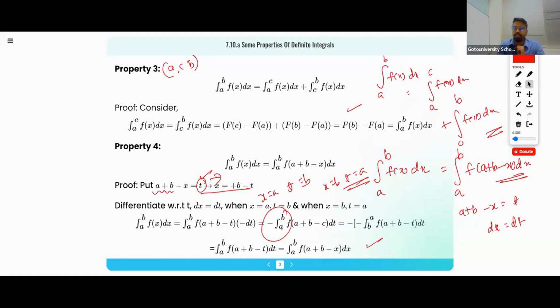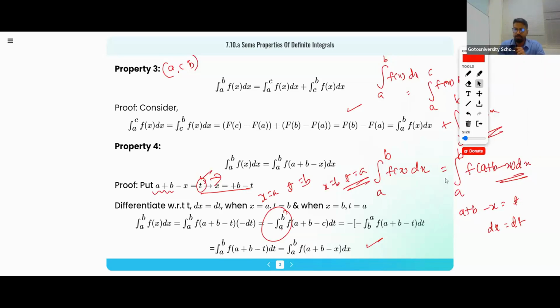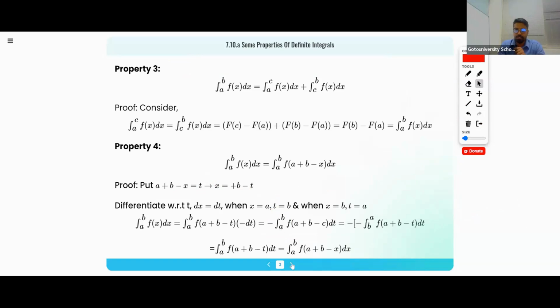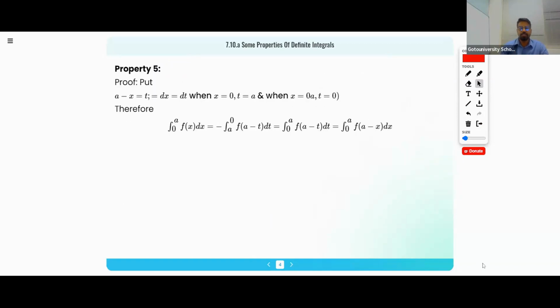We are going to use it in the next class. Definitely we are going to use it in application of integrals. These properties are very important for us, and we are also going to solve some other questions in definite integrals using this. The next one: the integral from 0 to a of f of x dx is equal to the integral from 0 to a of f of a minus x dx, and it can also be written with t as the variable.